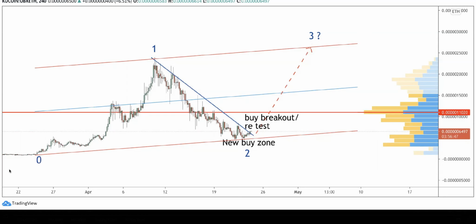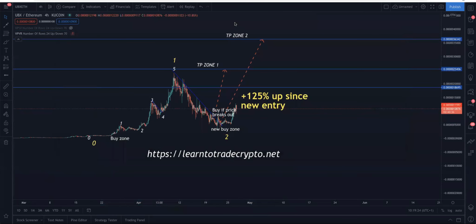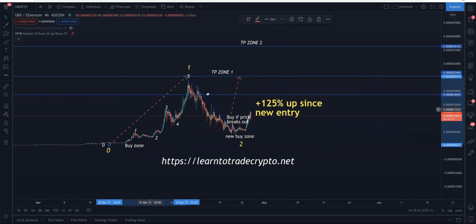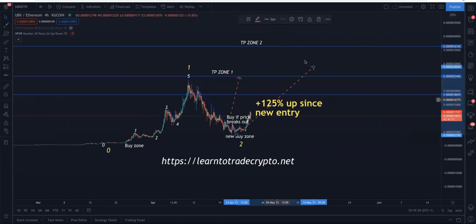So ideally, at a very minimum, if you are a short-term trader looking to take some profits, then it makes sense to use a similar length of this wave 1 to project your wave 3 as a minimum. That's how you project your wave 3, and you should be looking to take profit around wave 3.